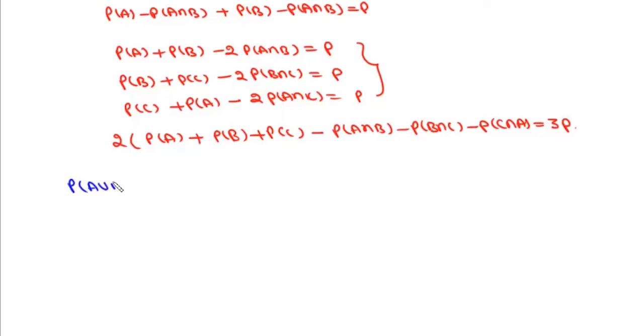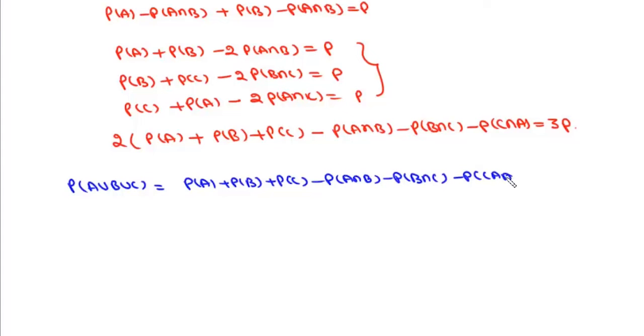That is the probability of A union B union C. Now this probability is P(A) plus P(B) plus P(C) minus P(A intersection B) minus P(B intersection C) minus P(C intersection A) plus the probability of A intersection B intersection C. Now we already know this value.